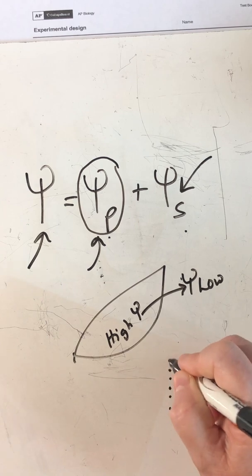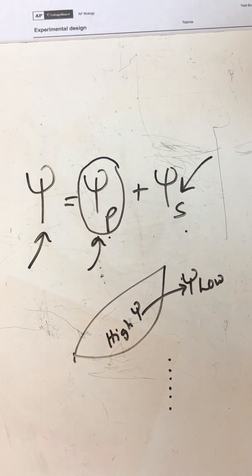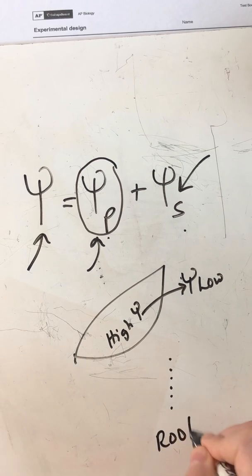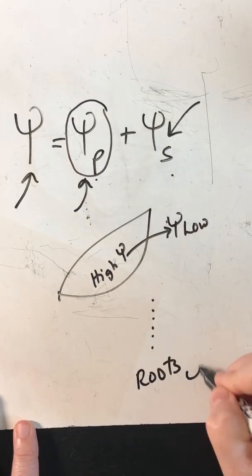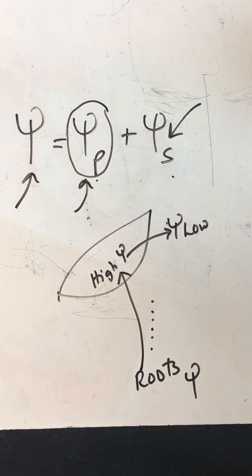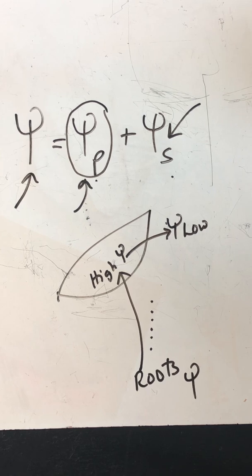When it climbs up, it's going from high to low water potential because the roots are full of water in comparison to the leaves, so it's going to move that way. And let's see, the roots have positive pressure, and that causes it to push things up.